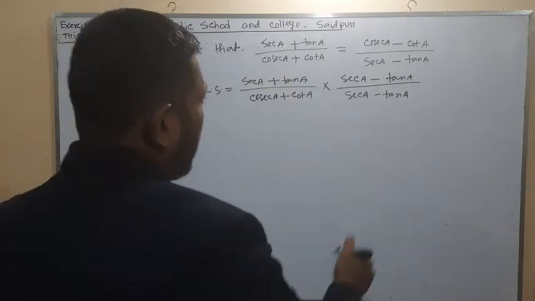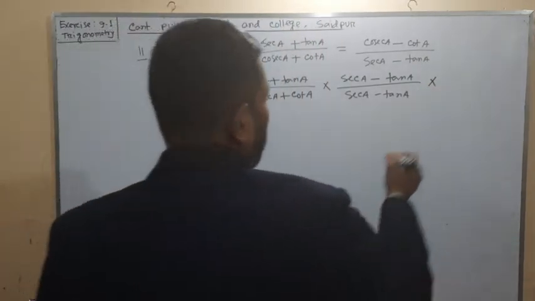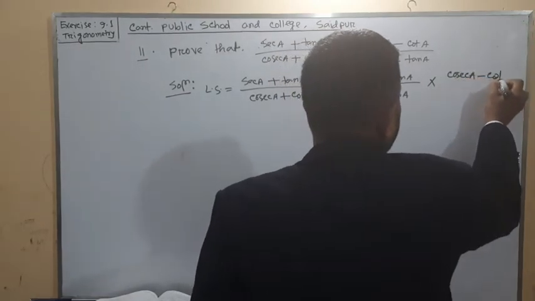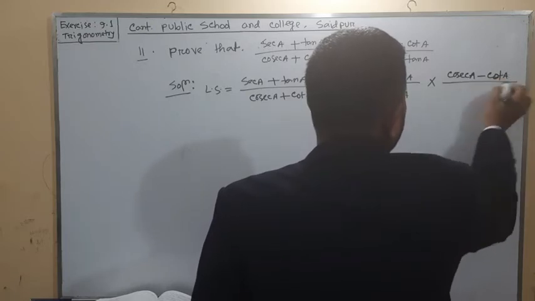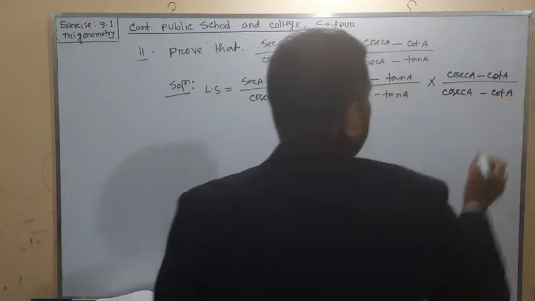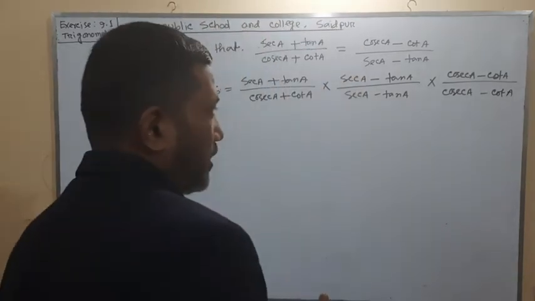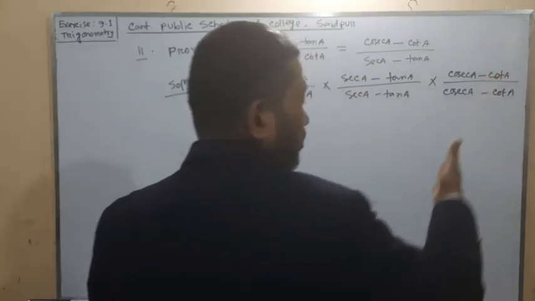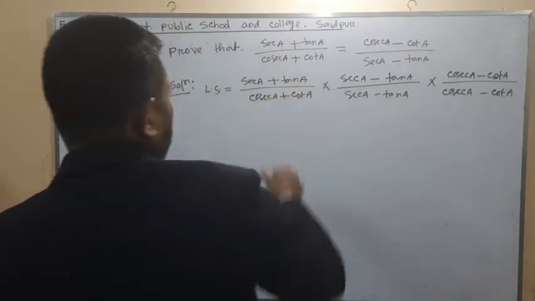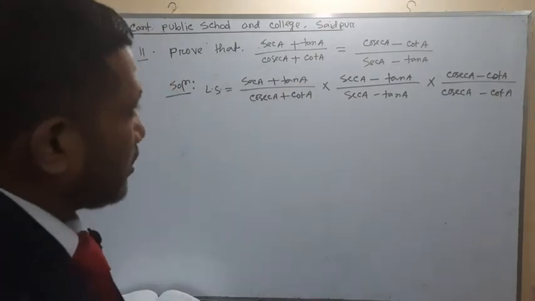Similarly, if we write here cosec a plus cot a and cosec a minus cot a, for this case no problem, because cosec a minus cot a divided by cosec a minus cot a, numerator and denominator will be cut, then we get value 1. If we multiply with this expression, the expression will not be changed.